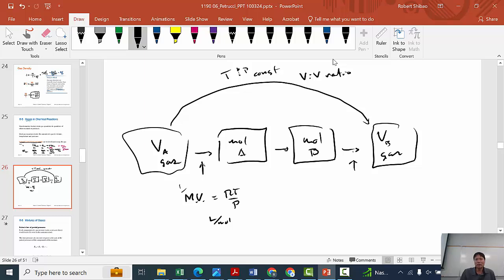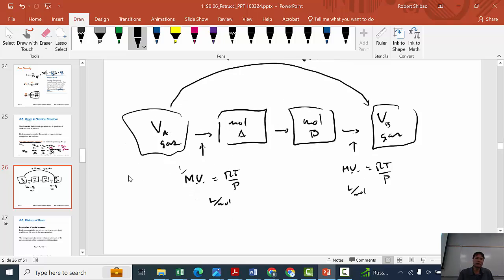Over here, I just calculate the molar volume for the new conditions, which is equal to RT over P. And so these are quick calculations, and then I use these as conversion factors here. This would be in liters per mole here. So I'd have to flip this one over. But that's common. So this is stoichiometry here.